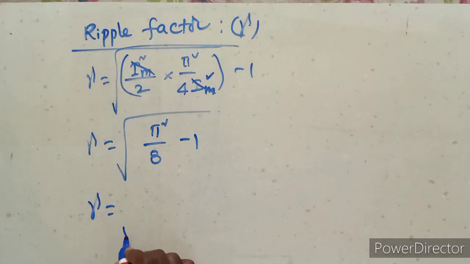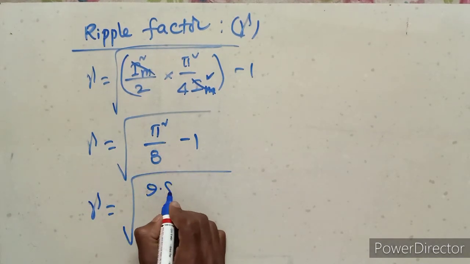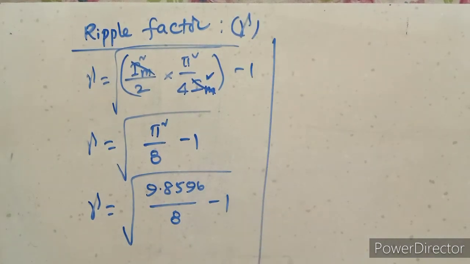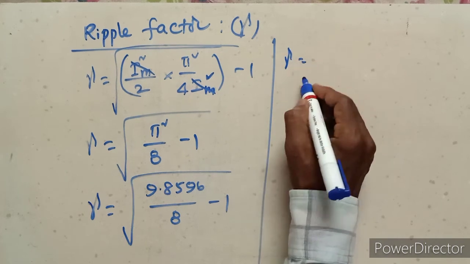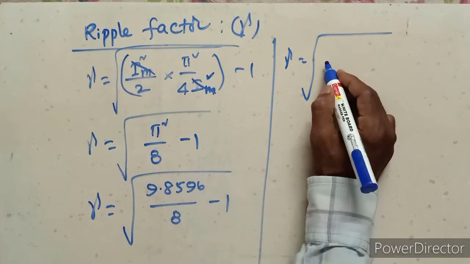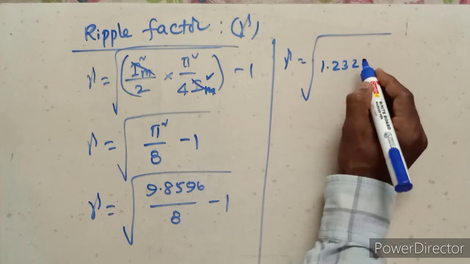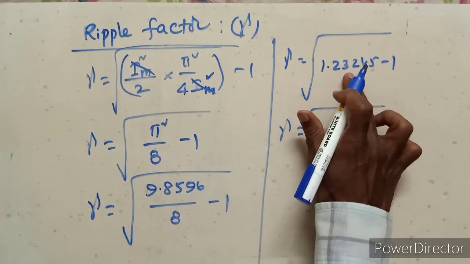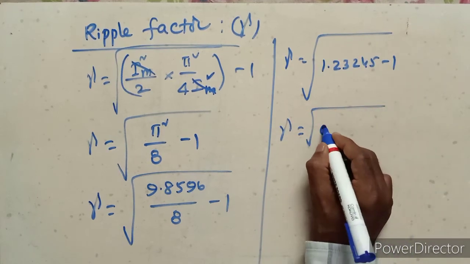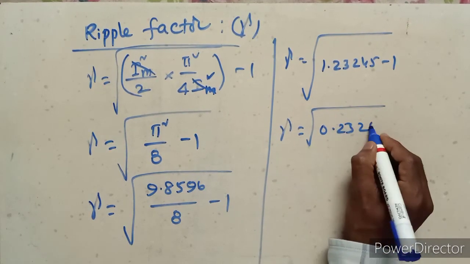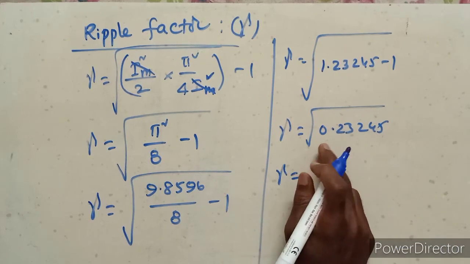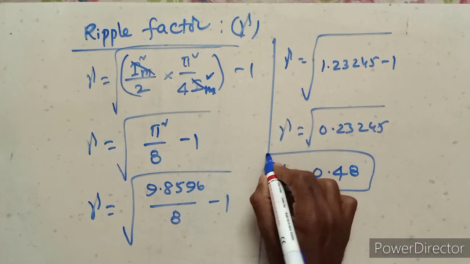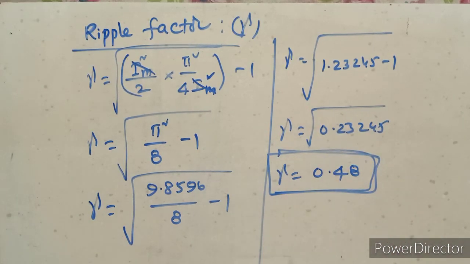Pi squared is 9.8596 upon 8, which is 1.23245, minus 1 is 0.23245. Gamma equals under root 0.23245, which is 0.48. This is the ripple factor.